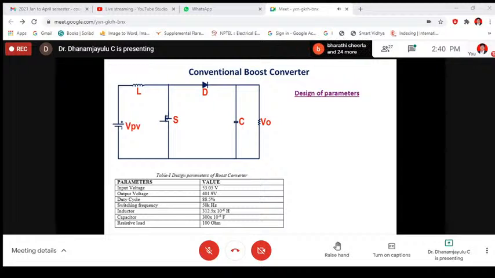Yes, sir, the slide is not visible. This is the conventional boost converter slide. There is no design. Okay, one minute, please.